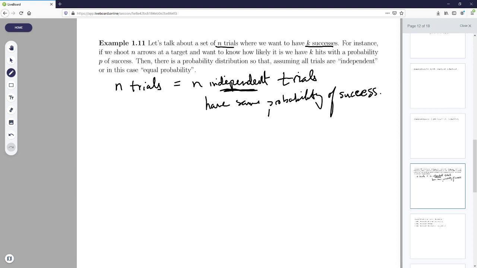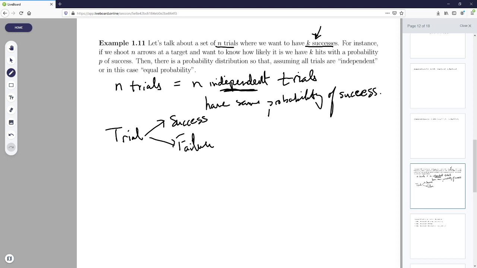What we mean by success is that each trial will either result in success or failure. It depends on what we mean by success or failure, and it'll be defined by the problem.